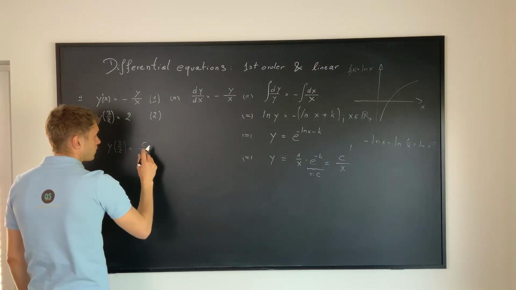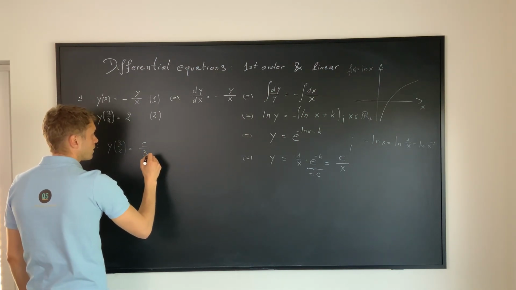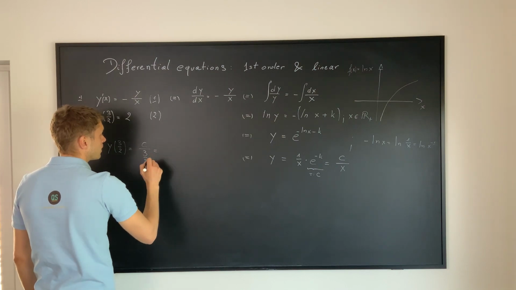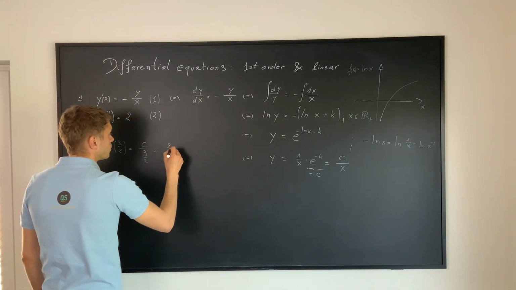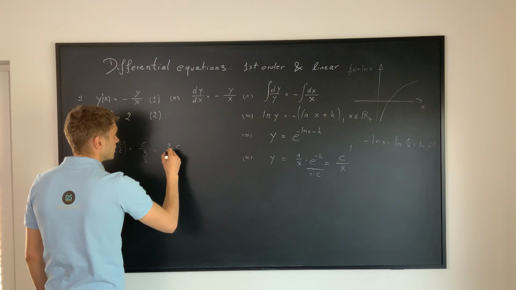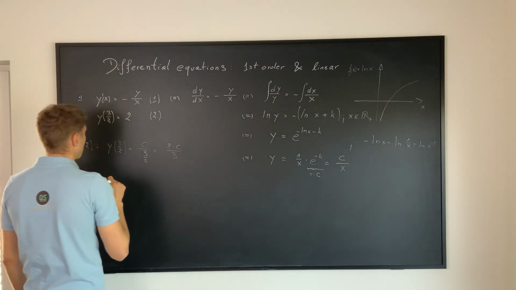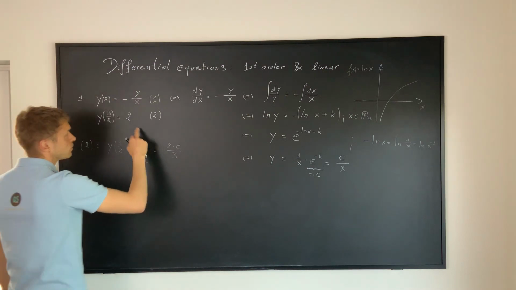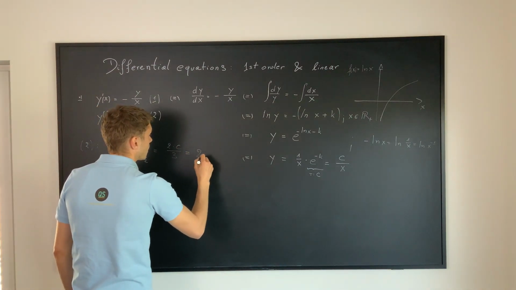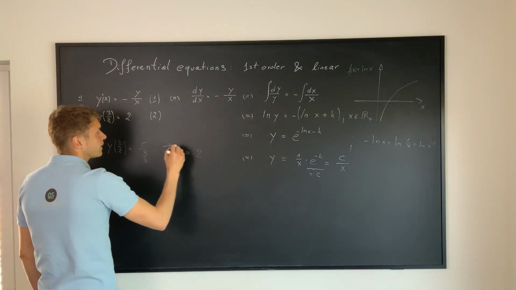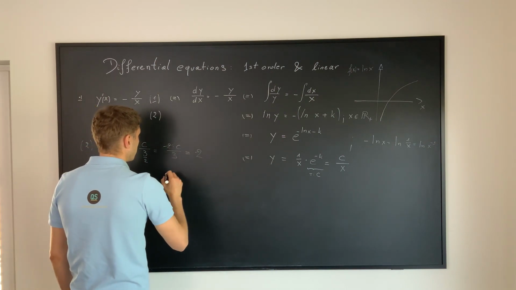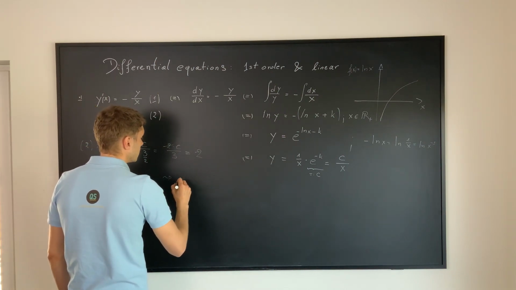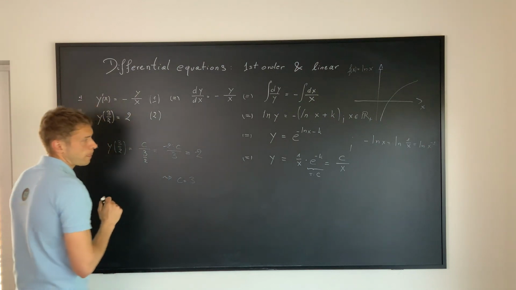So we have 3/2, which is equivalent to 2 times the constant over 3. And we also know from 2 that this is equal to 2. So the 2 vanish on both sides, and what we obtain finally for the constant c is 3.